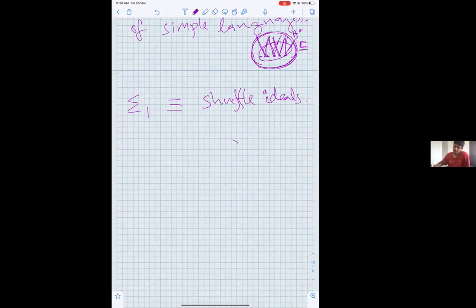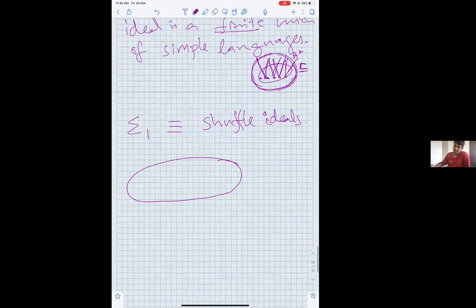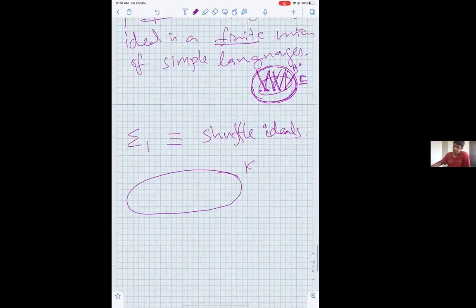So imagine I have K equal to K shuffle A star.